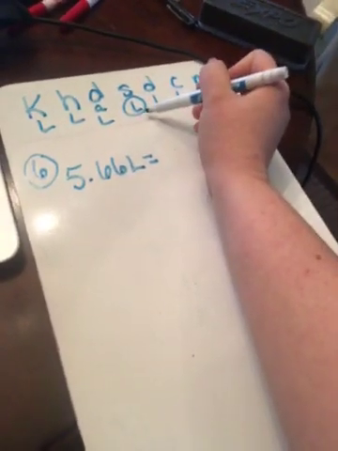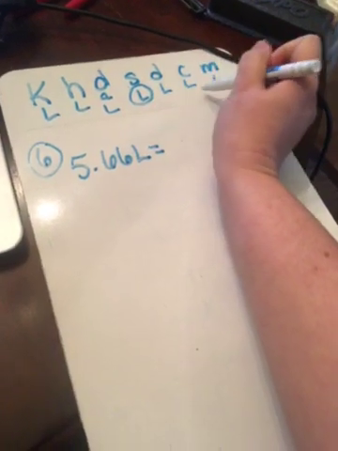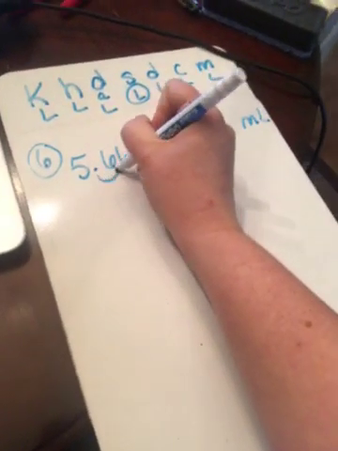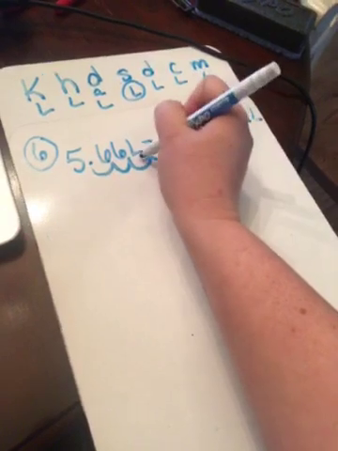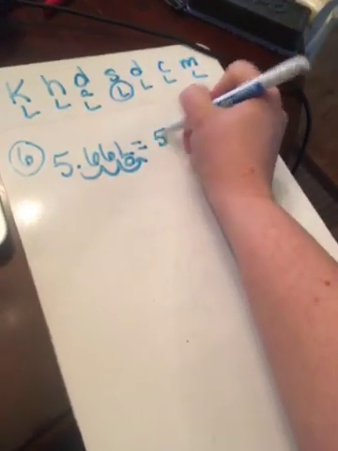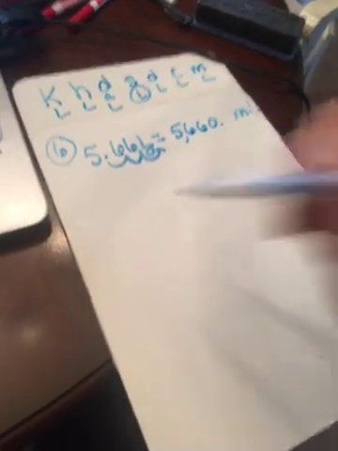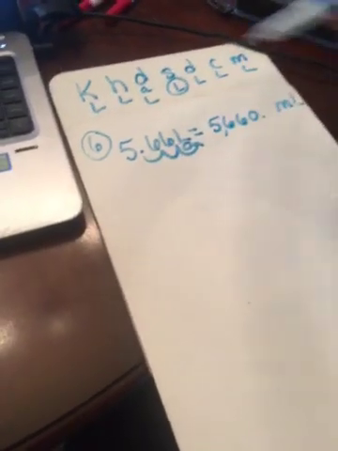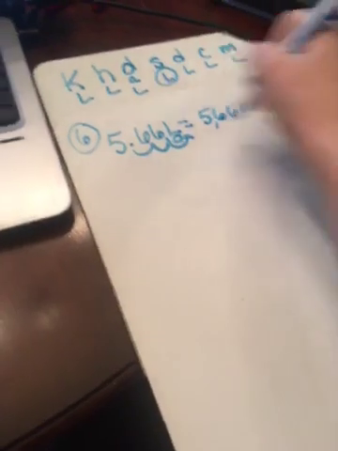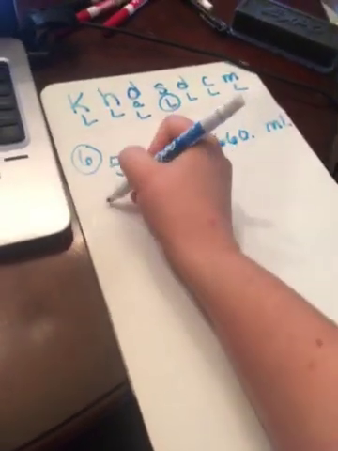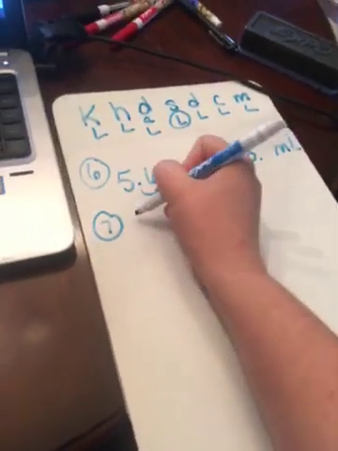So if you're at liters and going to milliliters, you have 1, 2, 3 scoops to the right, you get a 0 there. You get 5,660 with the decimal point at the end. Again, liters, big to small, you're using multiplication, which is why we have lots of little pieces that make up that 5 liters.